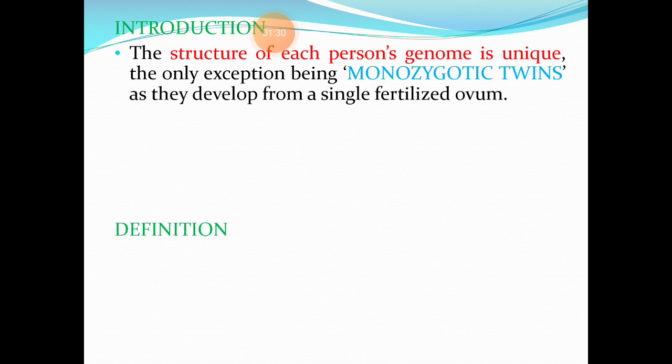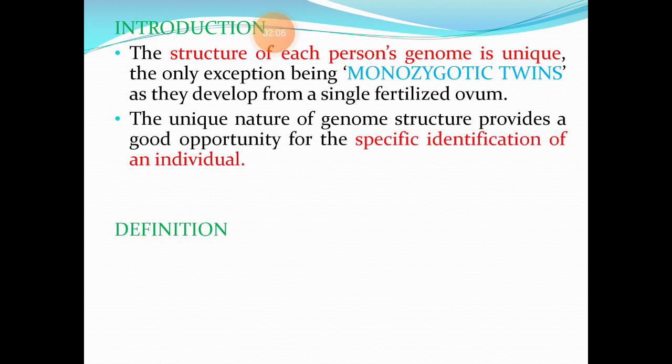You don't find any two persons with the same genome, the only exception being monozygotic twins, because these monozygotic twins develop from a single fertilized ovum and therefore even their genome is the same. But for these monozygotic twins, the structure of each person's genome is unique.